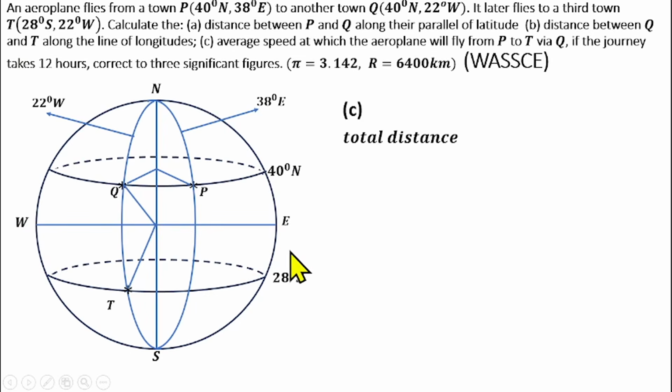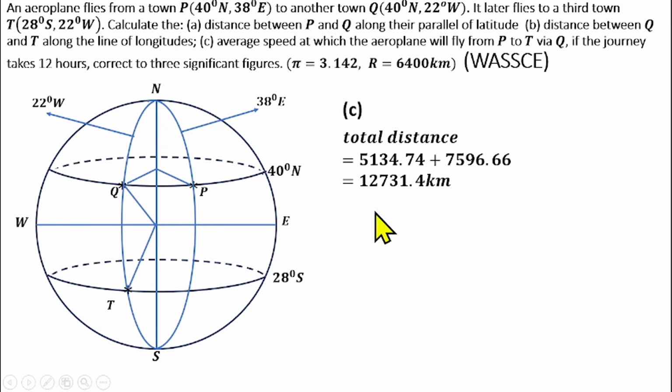To find the speed of the aeroplane, we need to know the total distance covered from P to T via Q. So that will be the addition of the distance it covers in question A plus the distance it covers in question B. That's what we have done so far. If you add them together, that will give us 12,731.4 kilometers.